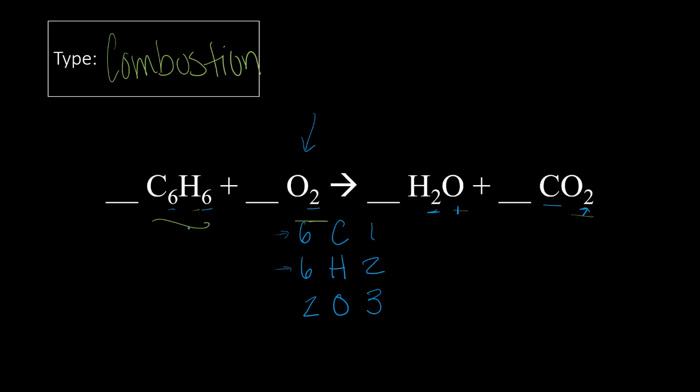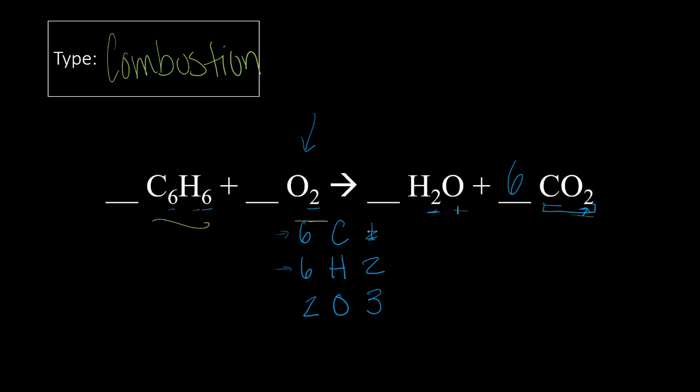So to start with carbon, I need 6 carbons on the right to match the 6 carbons on the left. When I need to balance that, I need to think about the fact that each CO2 molecule has 1 carbon in it. So in order to match 6 carbons, I'm going to need 6 of these whole CO2 molecules.